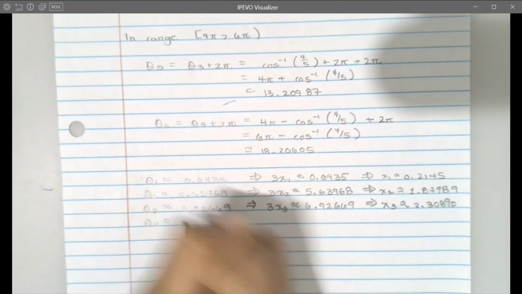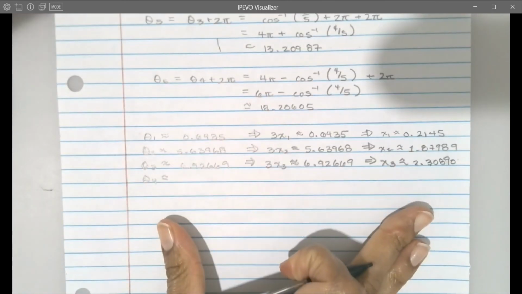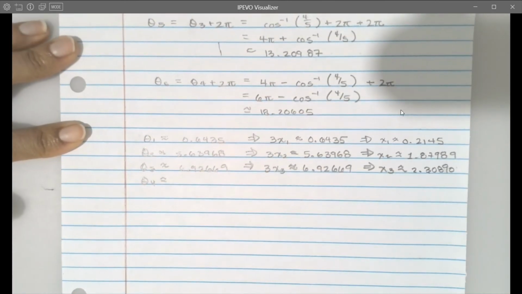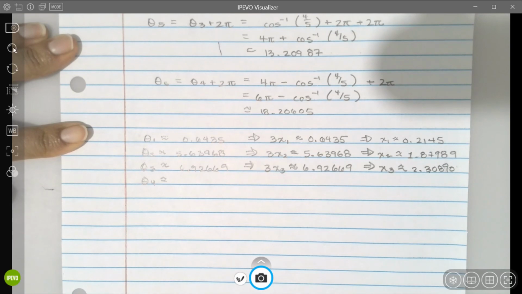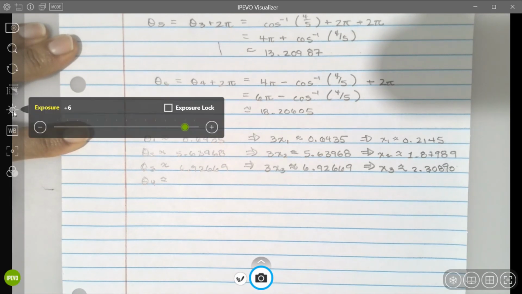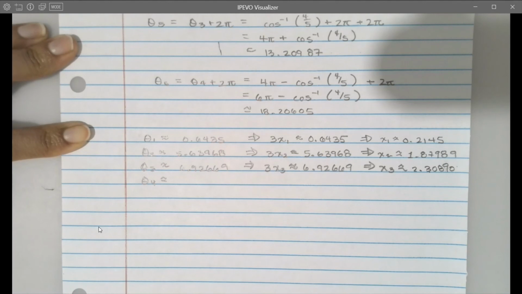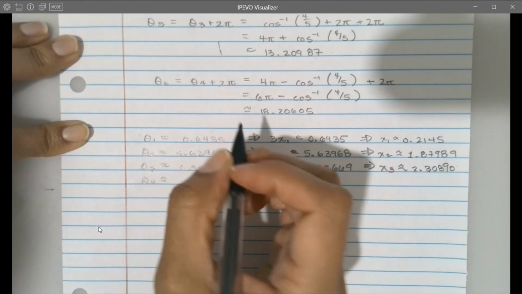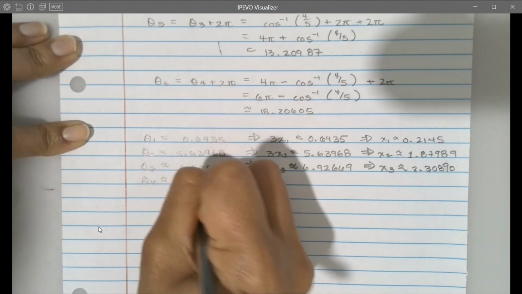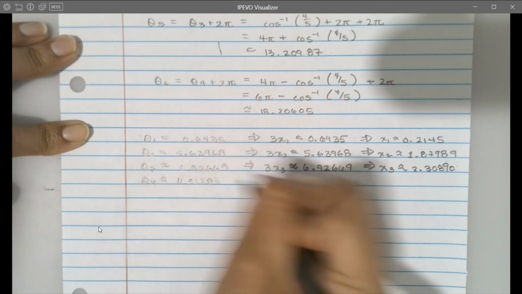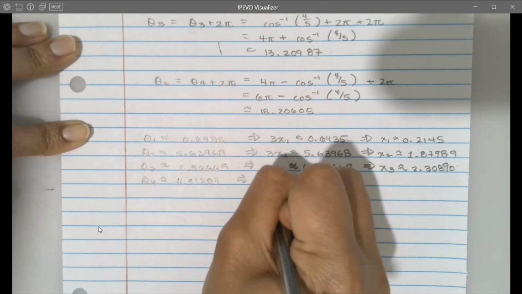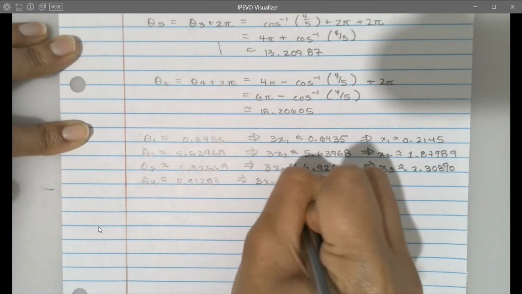Alright, now we're just going to repeat the process for theta 4 and theta 5. Okay, so for theta 4 we had 11.92287. That means that 3 times x4 has to be that quantity.